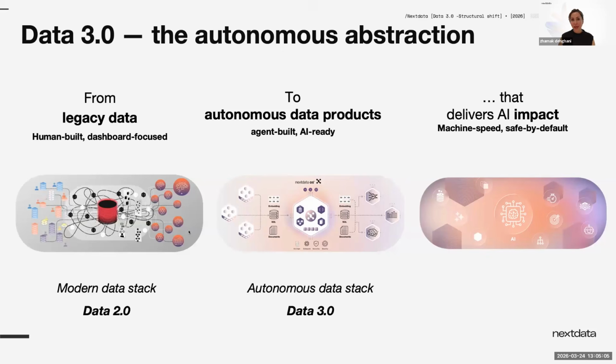And it attempts to address some of those key challenges that we see with the Data 2.0 modern data stack around speed of data to action, around suitability of data interfaces that we have available to us for agentic consumption, around complexity of managing the data stacks and data pipelines that large enterprises face.